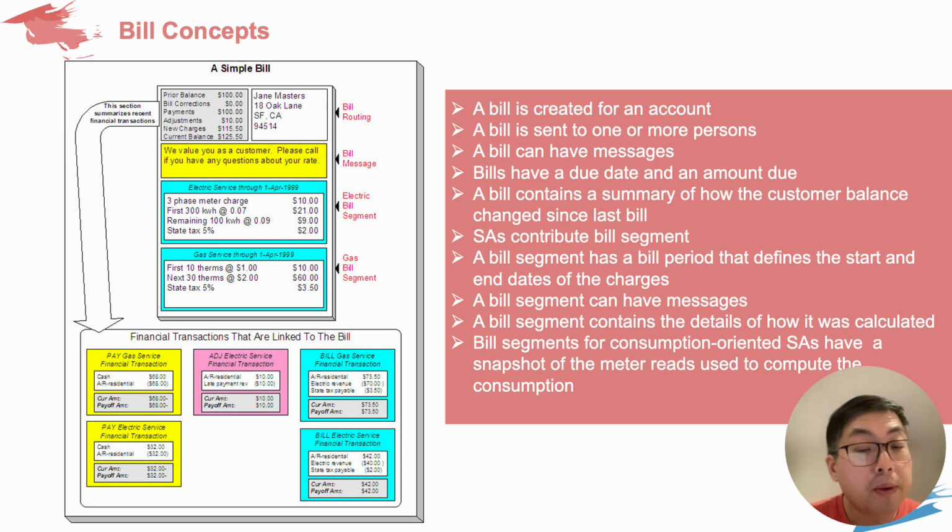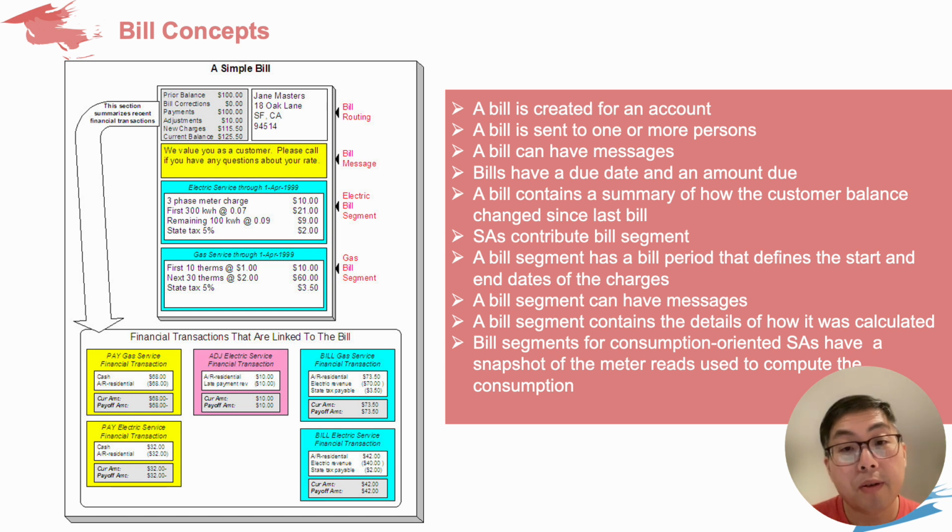A bill segment of a consumption-oriented SA has a snapshot of the meter reads used to compute the consumption. When we talk about bill segments, we will see that in the case of, for example, C2M, the consumption is normally generated from the MDM side through an object called usage.